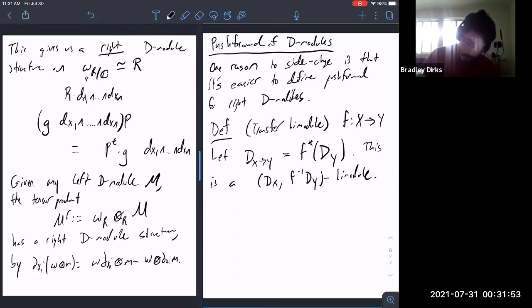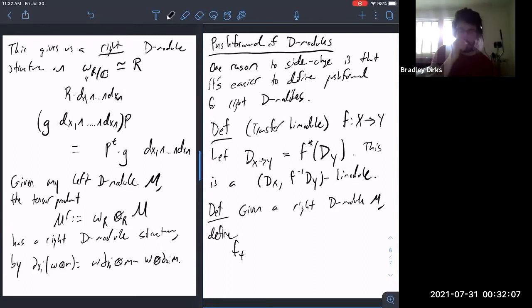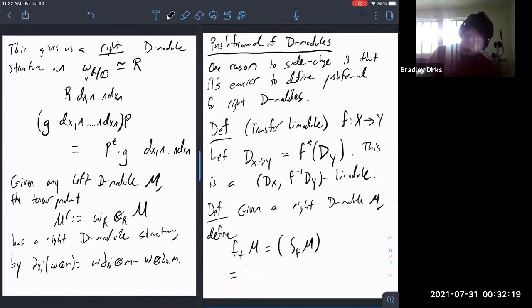And so now we can define the push forward. So given a right D module M, define, so I'm going to use f plus. Maybe if you've seen this before, this is also known as the integral symbol. What you do is you do the derived push forward along f of M tensored over D_X with this transfer bimodule.